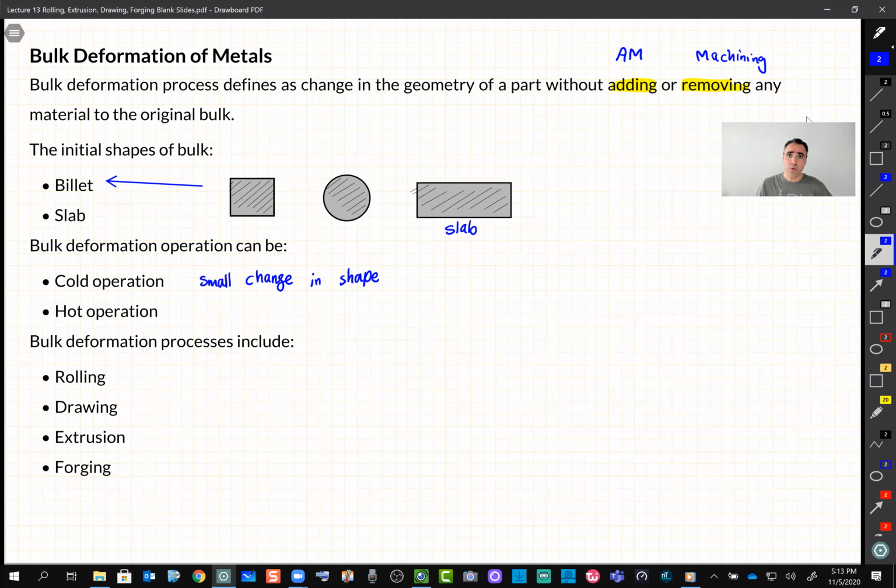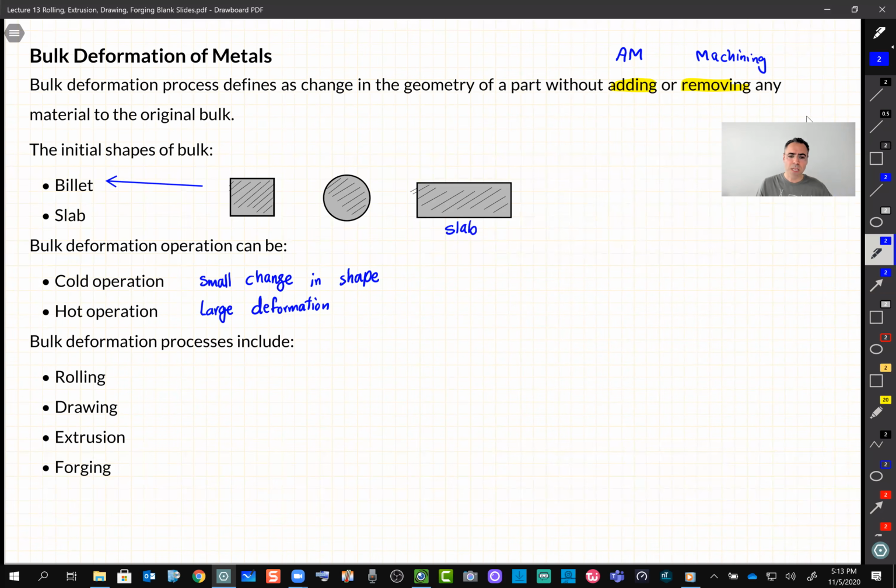Soon I will tell you exactly what we mean by small change and big change. But typically if it's a large deformation, then we prefer to use hot operation, which, in a moment, I will explain in more detail.